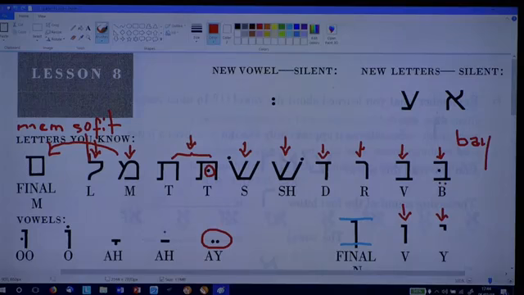This is a patach, and that's a kamatz. And if we put a kamatz under that one, it would be va. Easy so far?